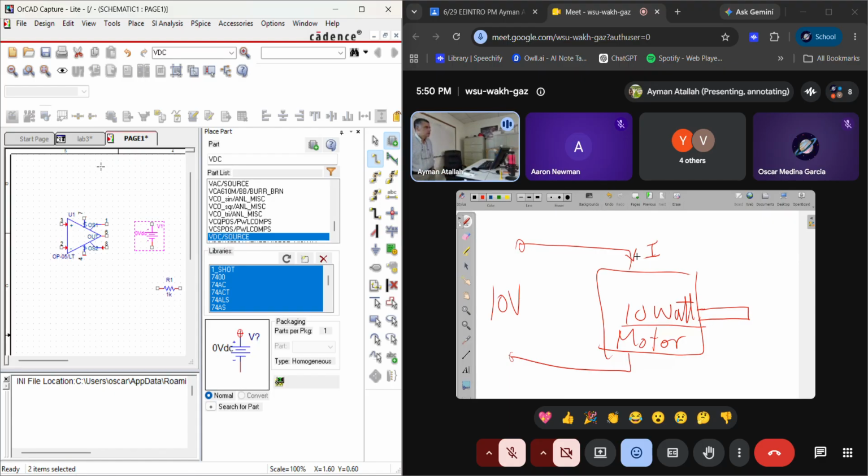There's a relationship between the power, which is the watt, V and I. You might have studied this in AC/DC. The power equals V times I, right?